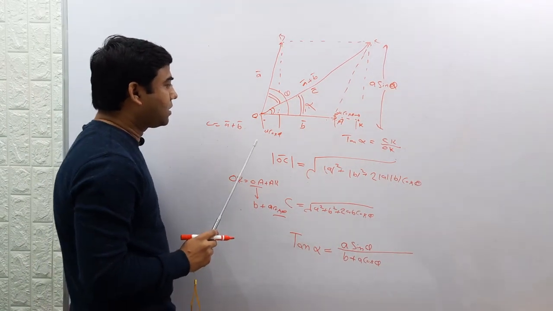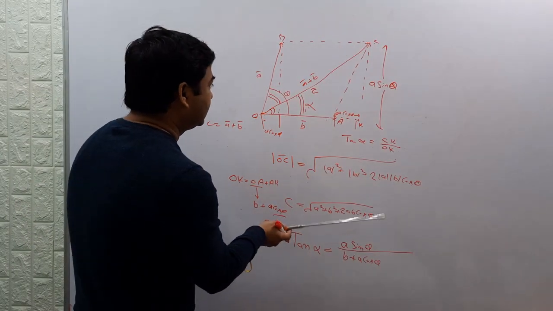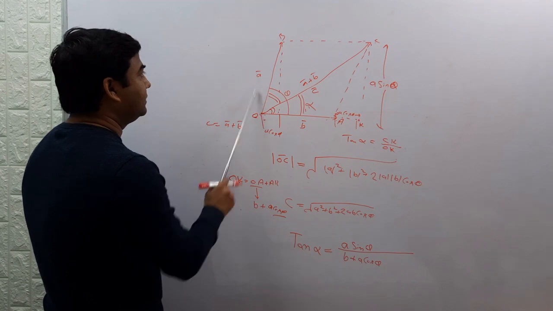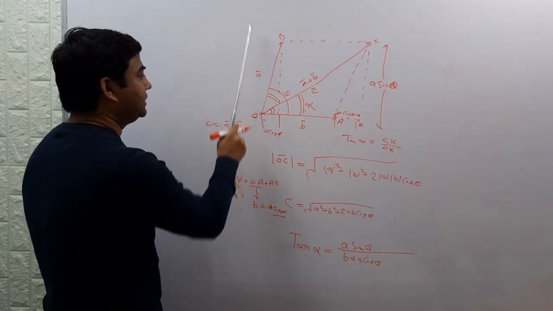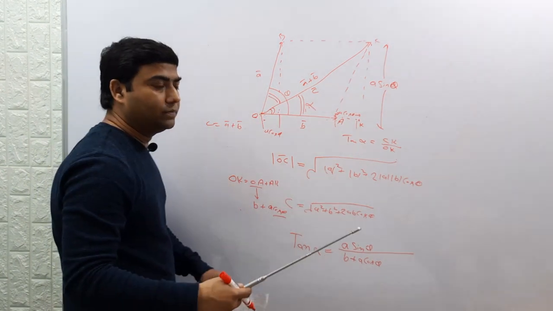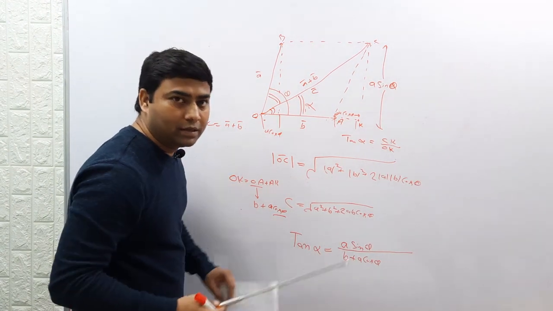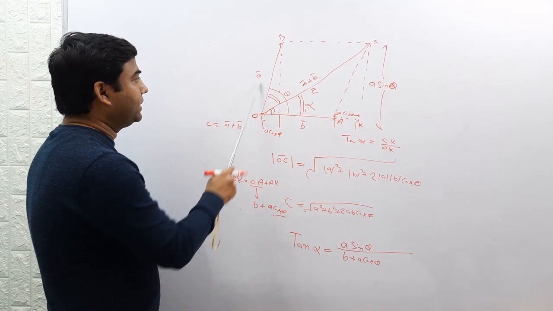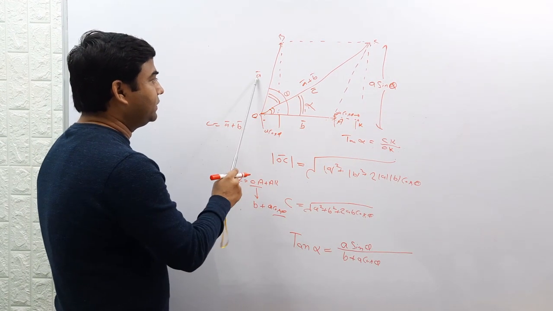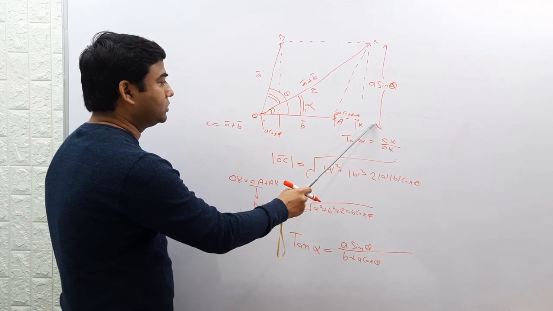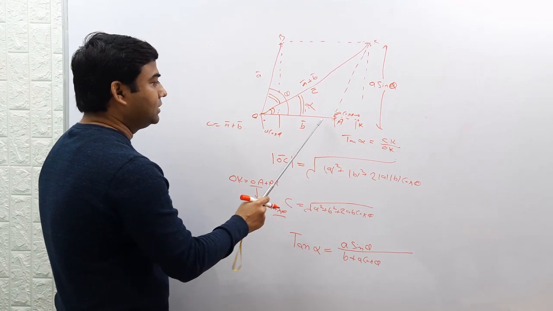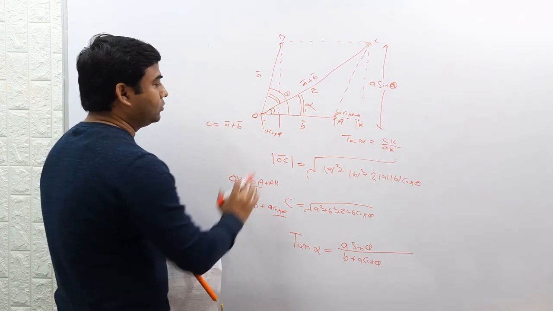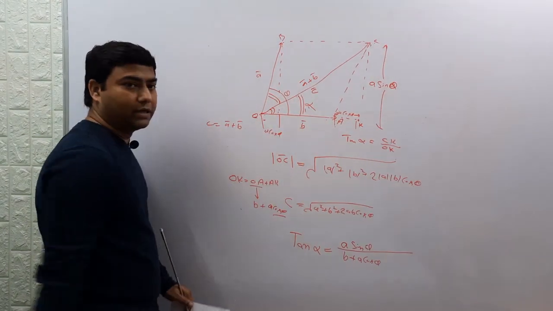Because in this direction, if you divide this vector into vertical and horizontal directions, this will have A sin theta and A cos theta. How to find the component we will learn later, but here I am just explaining: A sin theta is the vertical component of a vector, and this component is A cos theta. So A cos theta plus vector B will be equal to the full length of this right angle triangle.